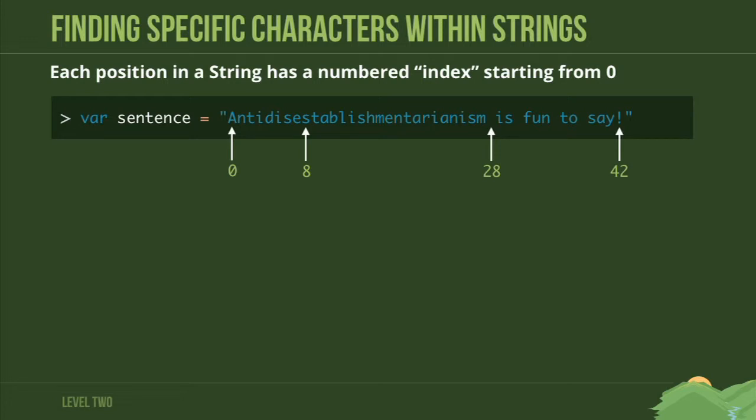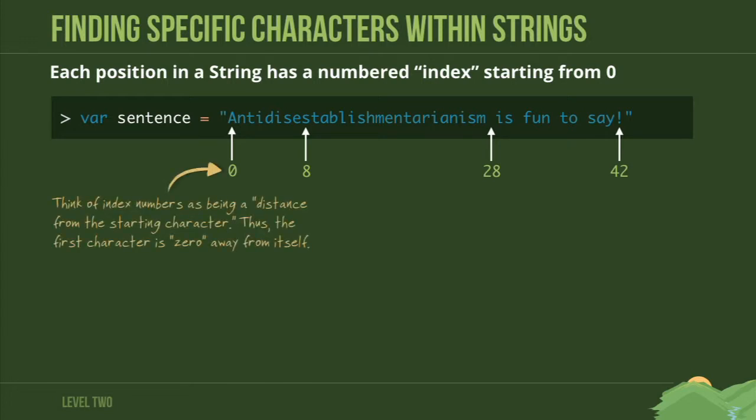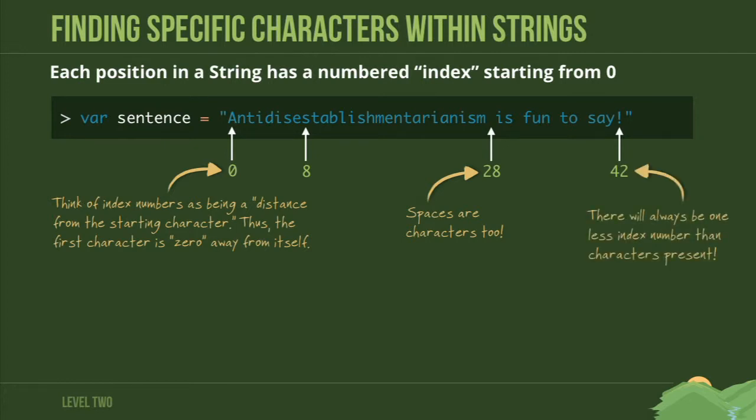You can see that at the index 0, we have the capital letter A. You want to think of index numbers as being a certain distance away from the starting character, and thus the first character in a string is 0 away from itself. Then you can see at index 8 that we have a lowercase s. At index 28 we have a space character. That's right, spaces are characters too. And then in the very last index, index 42, we have an exclamation point.